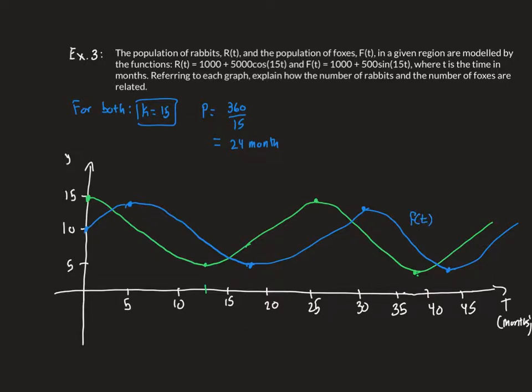And this is my R of t. So as my fox population begins to increase, the rabbit population begins to decrease. The rabbit population continues to decrease, and this has an impact on the fox population, since its food supply diminishes.